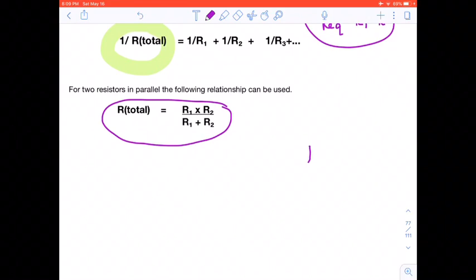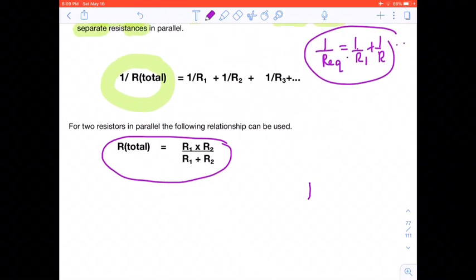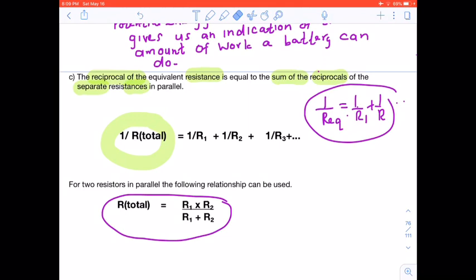Right, so that is a relationship that we get if we make R total the subject of the formula, instead of just 1 upon R total.